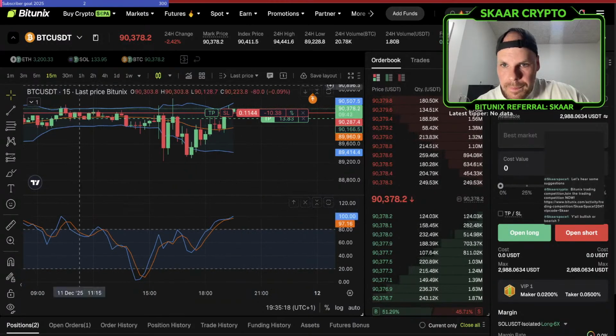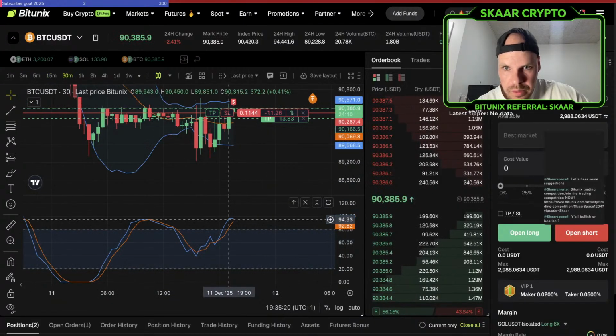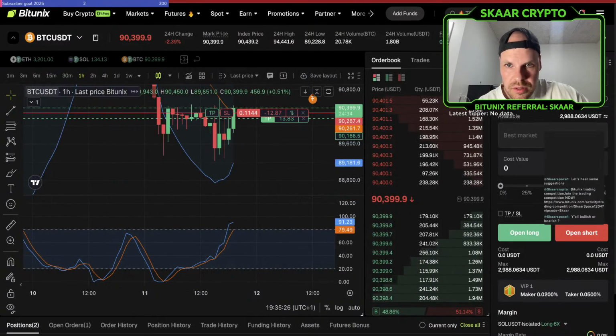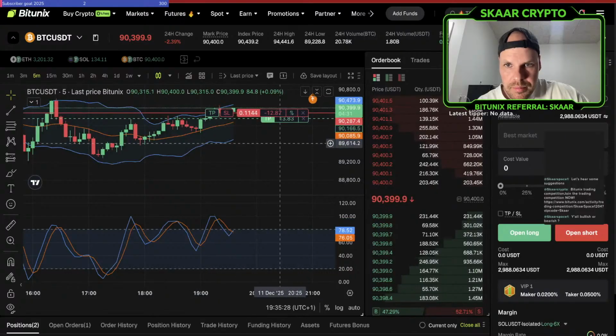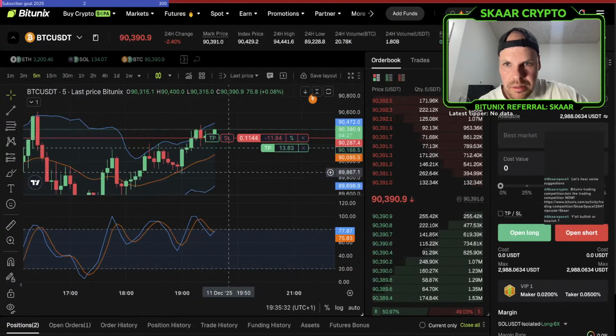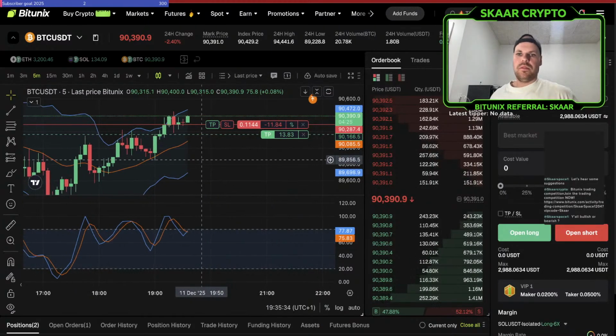On the 30 minutes, it is stalling a little bit. The 1 hourly looked like it had reached its top curve. That's what I made mistakes on last time, that I was waiting a little bit too long for the entry.